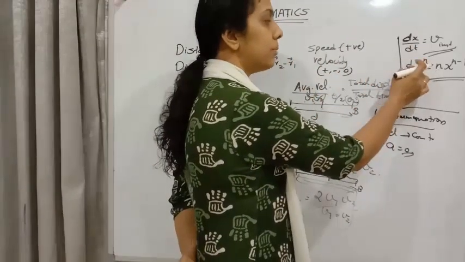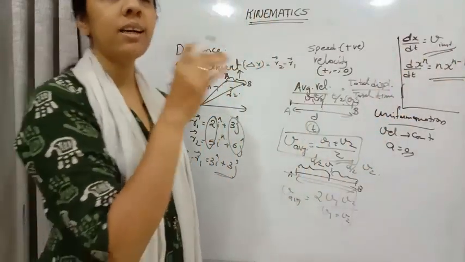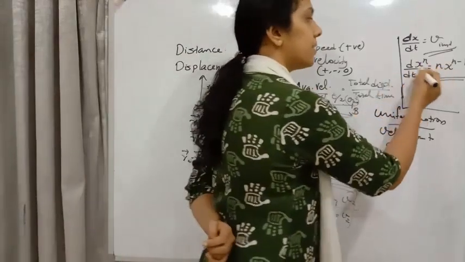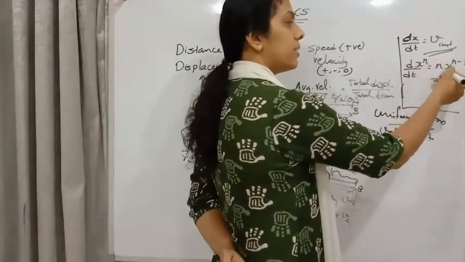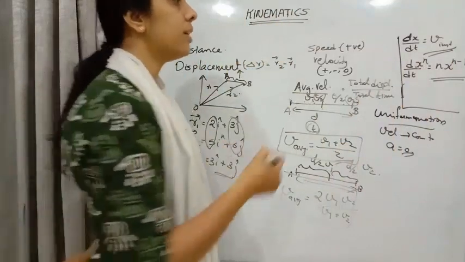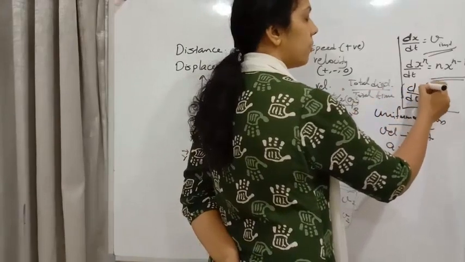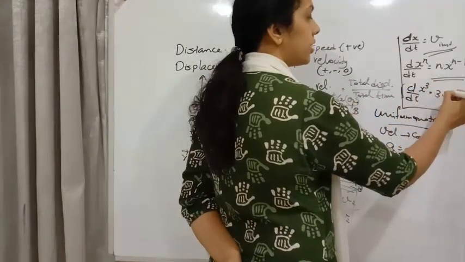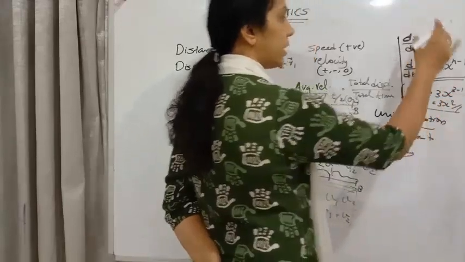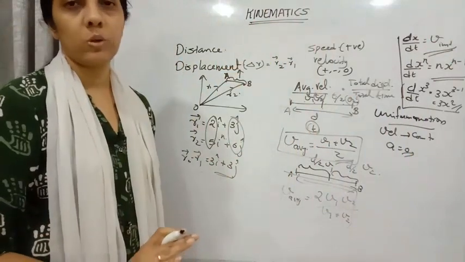In maths it usually is d by dx of x to the power n, but since here position is changing with respect to time, we consider d by dt. As an example, d by dt of x cube: 3 into x to the power 3 minus 1, which is 3x square. This is how we find instantaneous velocity.